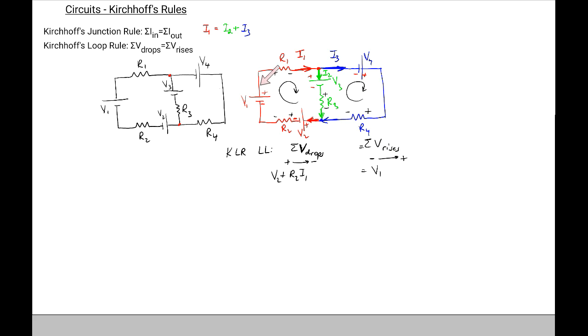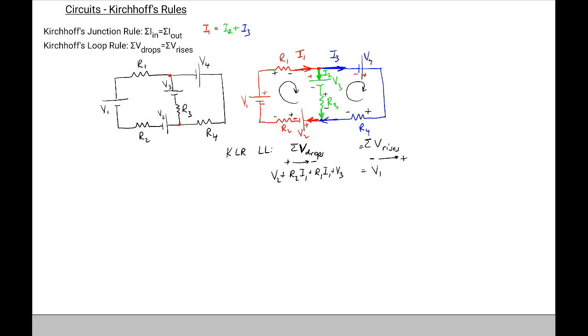Then I make it to R1, and I'm going from plus to minus. So plus to minus is a drop, and that would be R1 times the current that passes through it, which is I1. Then I'm going through battery V3 from plus to minus, so that is another drop. So I have to put V3 here.